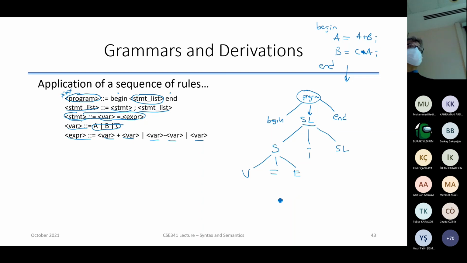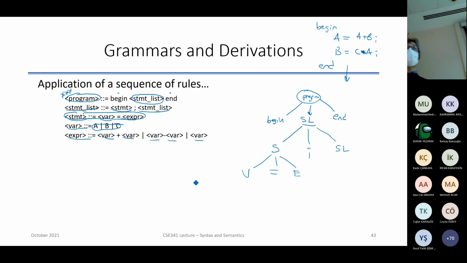I'm still continuing. Still, I need to do the derivations. And you can see that if I want to put this in an algorithm, I can do the derivations from, let's say, leftmost, perhaps, or from the rightmost. Now, there is a choice that I can make. And you see that my tendency is going towards leftmost, like a breadth first exploration of this tree. All right, this is a simple one.